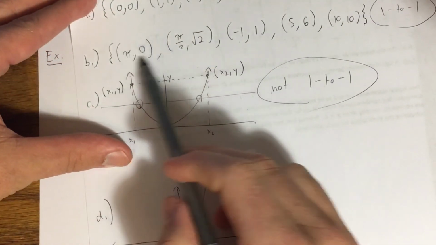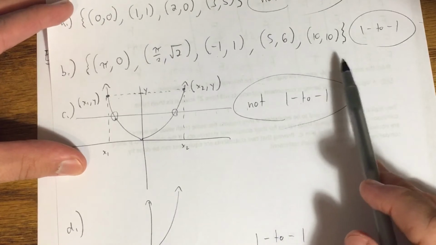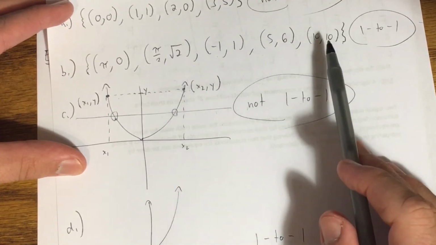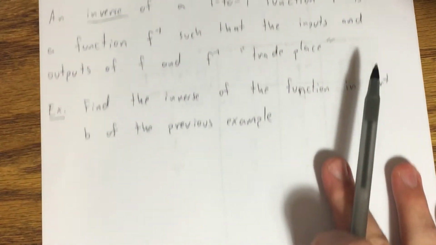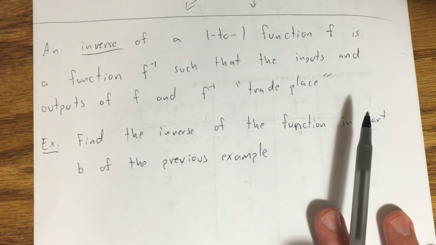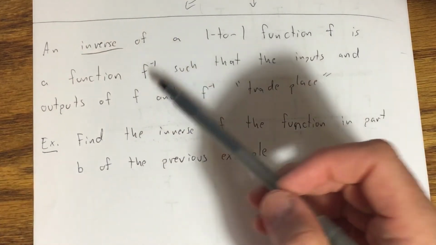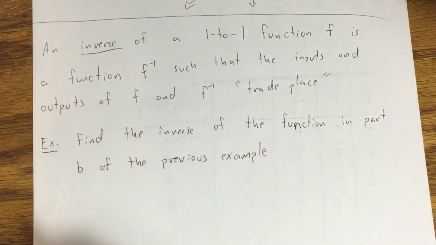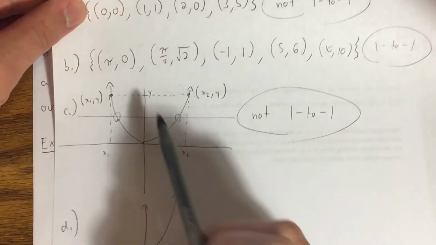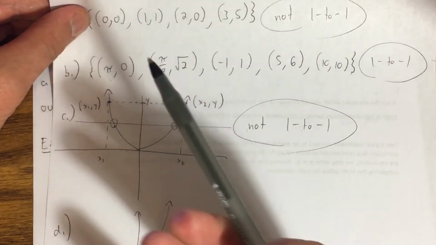Notice part B we determined was a one-to-one function. And in our definition of an inverse, you can only have inverses of functions that are one-to-one. And when we look at our definition, it says a one-to-one function f has an inverse f inverse such that the inputs and outputs are traded. We trade their places. So basically, I'm going to take each of these ordered pairs and flip-flop them.